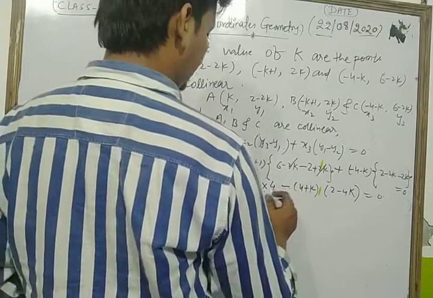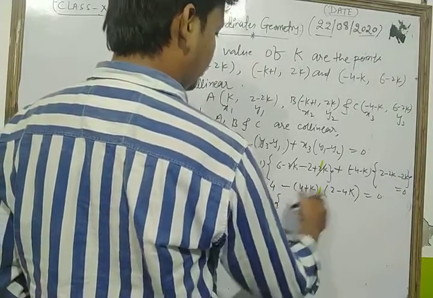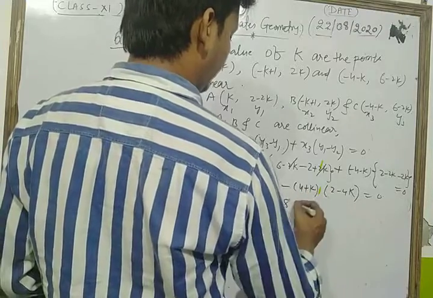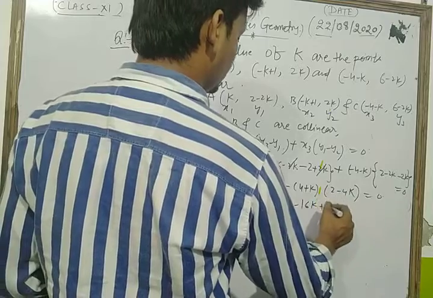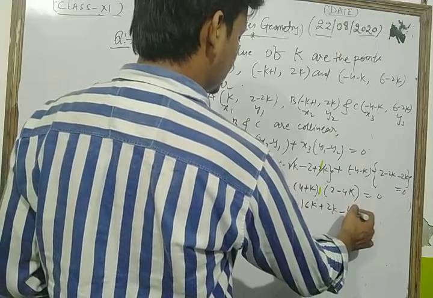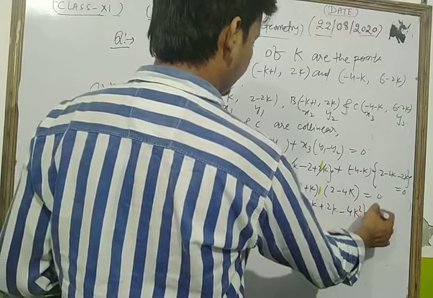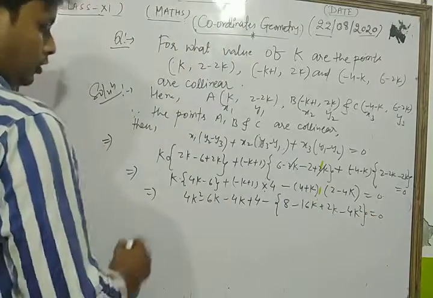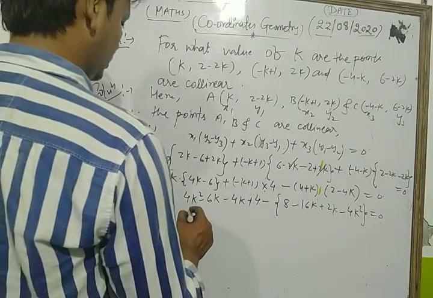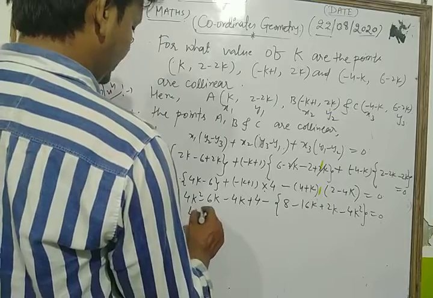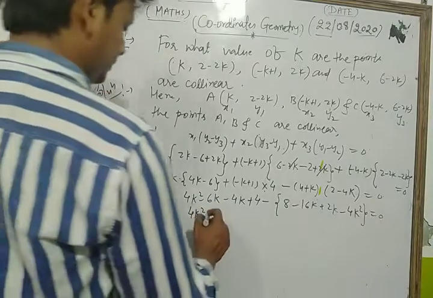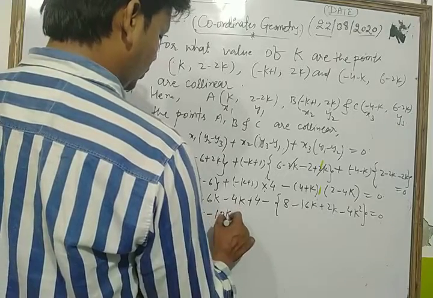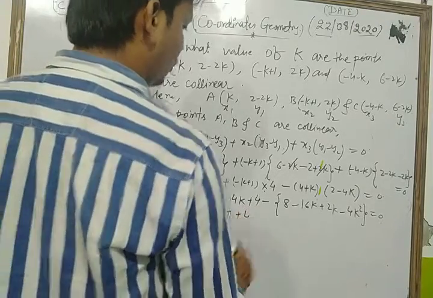Now here we multiply minus, and we multiply 4 to the 8 minus 4, 4 times 16k. Now plus 2k plus minus minus 4k square, and we write equal to 0. Now what we do, we have 4k square minus 6k minus 4k, which is minus 10k, plus 4.